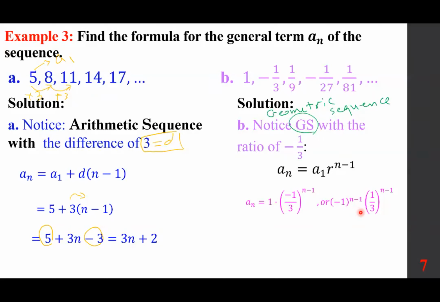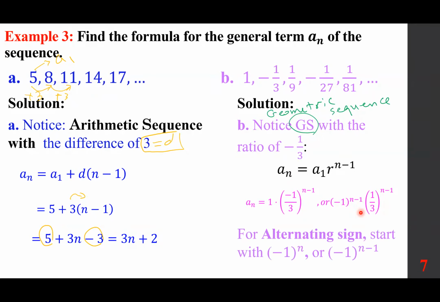And in general, for any alternating sign, we either start with negative 1 to the power of n or negative 1 to the power of n minus 1. Note, the first term has a positive sign. If you replace the n with 1 here, you get a negative sign. Whereas here, 1 minus 1 makes it 0. Negative 1 to the power of 0 is positive 1.